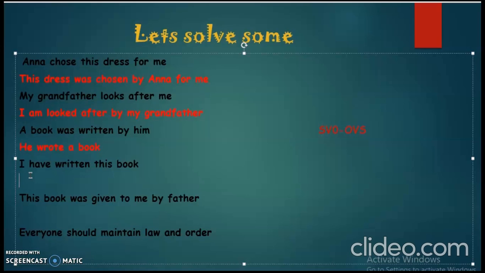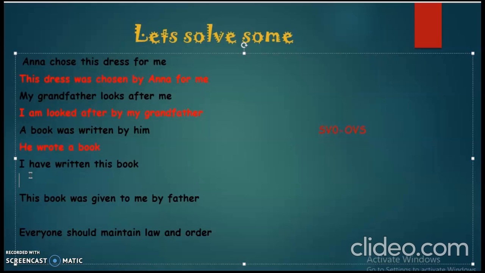Is that correct, guys? I'm gonna trick you. It's your duty to tell me the correct answer. I'll give you two options. This book is being written by me, or this book has been written by me.